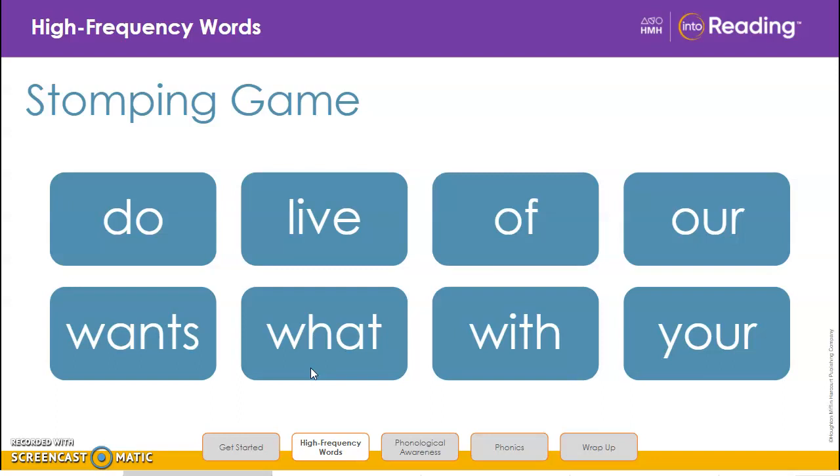The next word is with. Say the word with. Let's spell it and stomp for each letter. W-I-T-H. The next word is your. Say the word your. Let's spell it and stomp for each letter. Ready? Y-O-U-R. Great job.